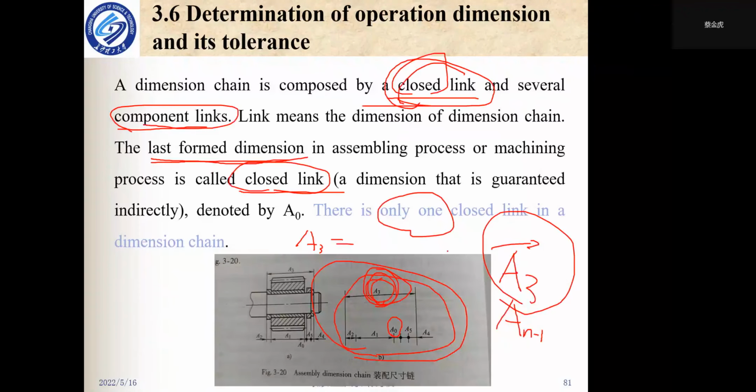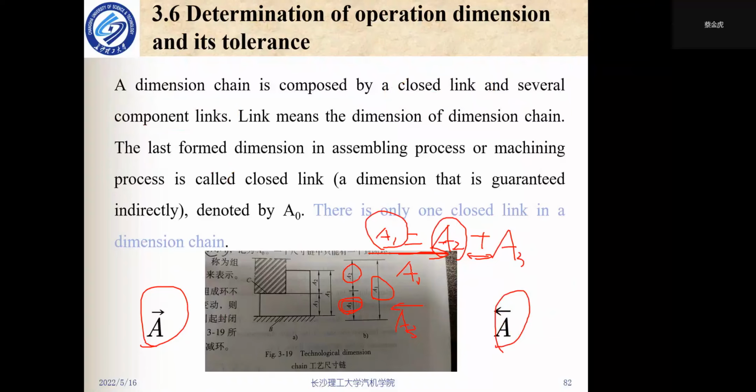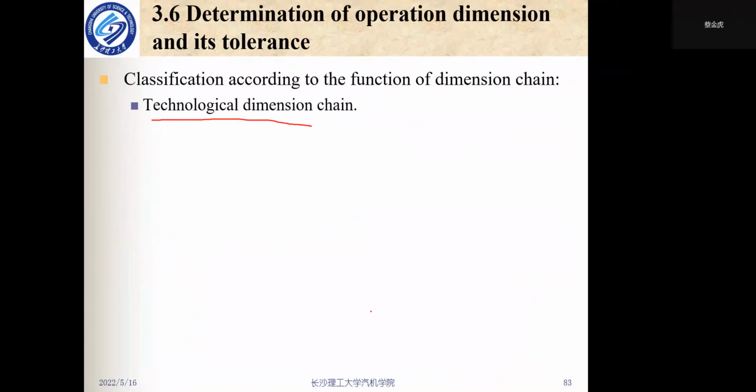We have seen this figure, some related dimensions I1, I2, I3 of the single component in the machining process is called the technological dimension chain.